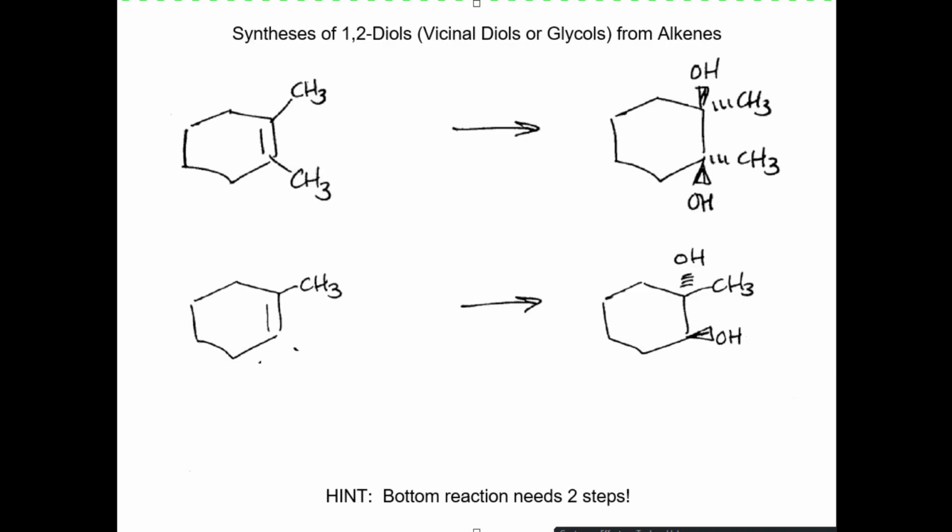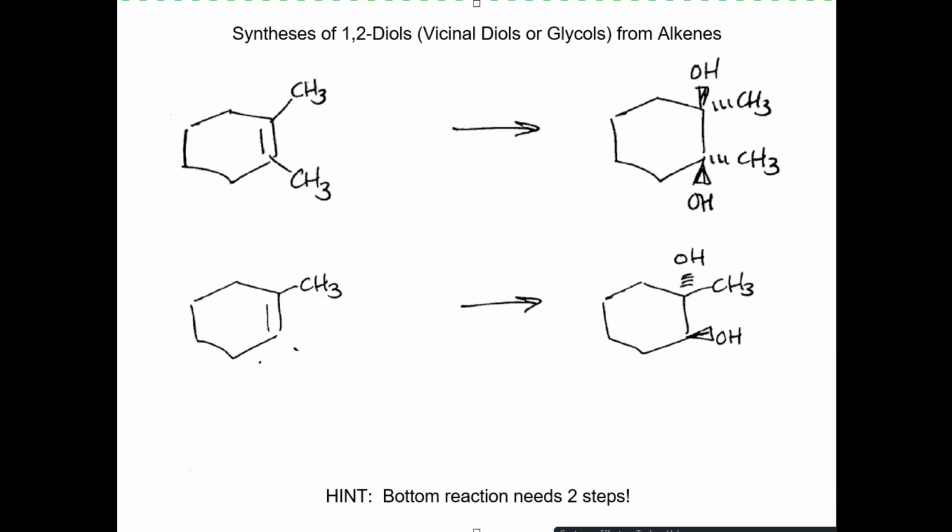Okay, we have more. Only now what we have is adding two OHs across the double bond. So what reagents could I use to add two OHs cis to the double bond?